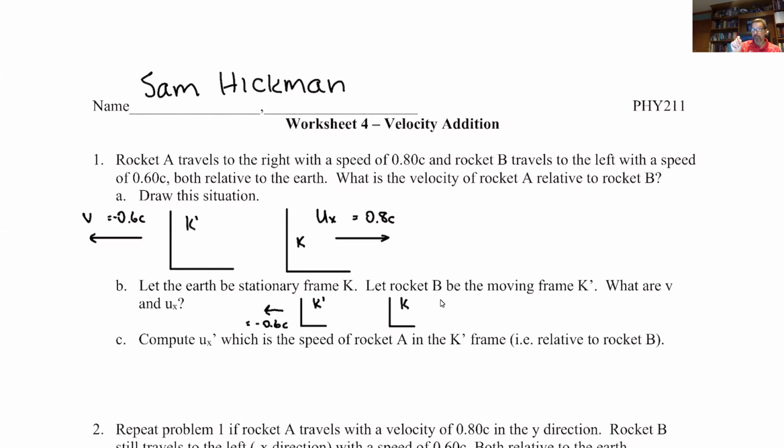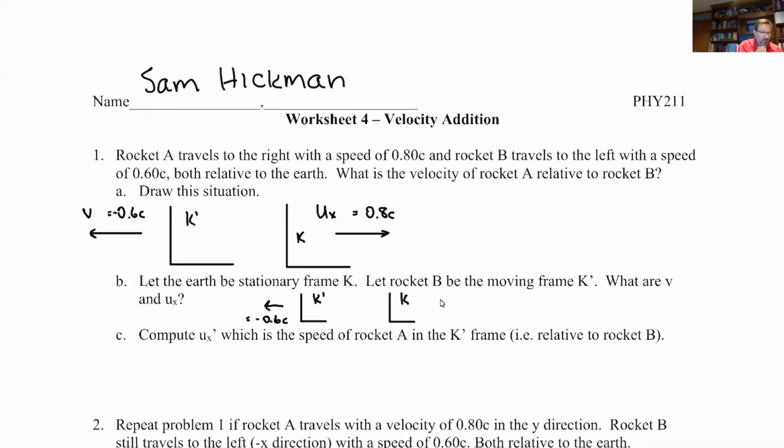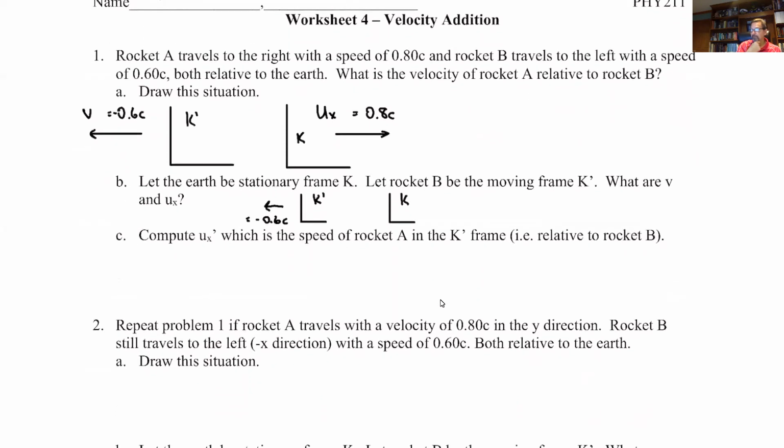The K prime frame is moving to the left at 0.6 c, so that is the velocity of the moving frame. Rocket B is your moving frame, and now we want to convert u sub x to u sub x prime, where rocket B is the prime frame. That makes sense?